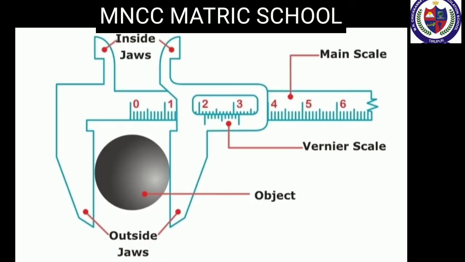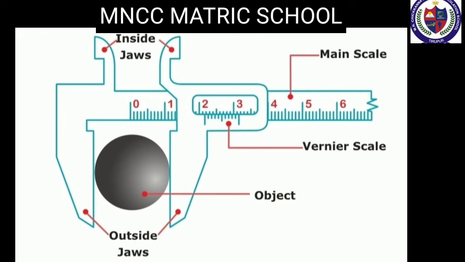See this vernier caliper picture. This vernier caliper consists of a thin long steel scale graduated in centimeter and millimeter, called the main scale. At the left end of the main scale, the upper and lower jaws are fixed perpendicular to the bar. These are named as fixed jaws.